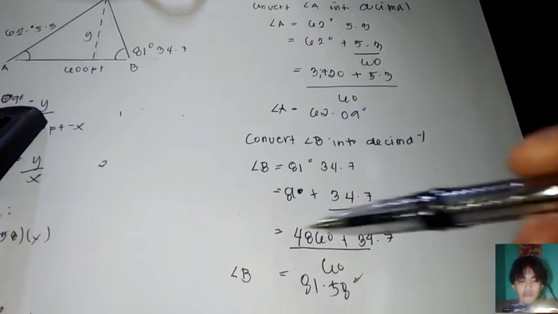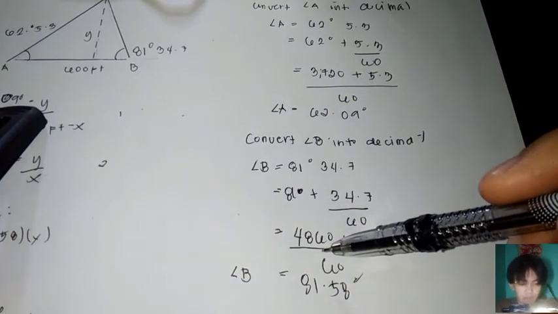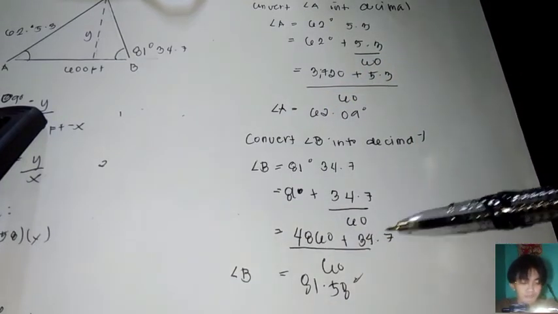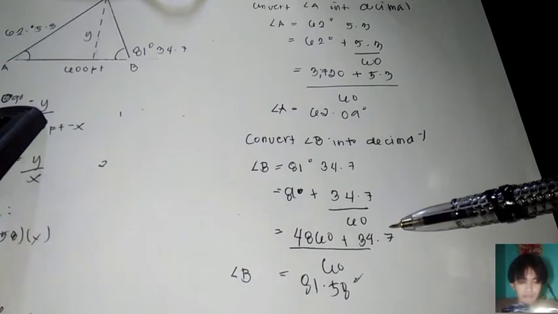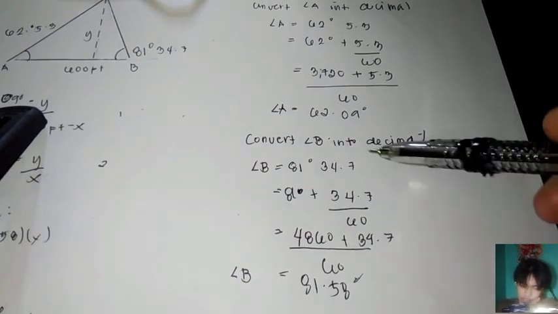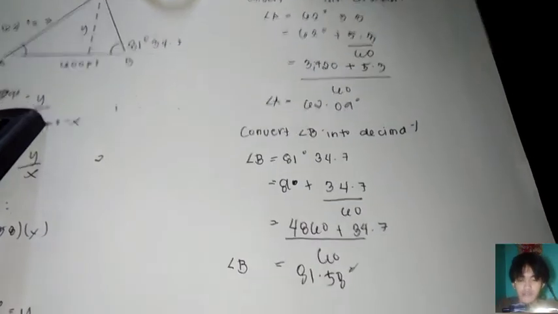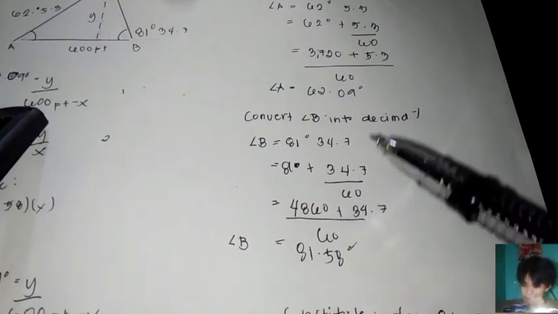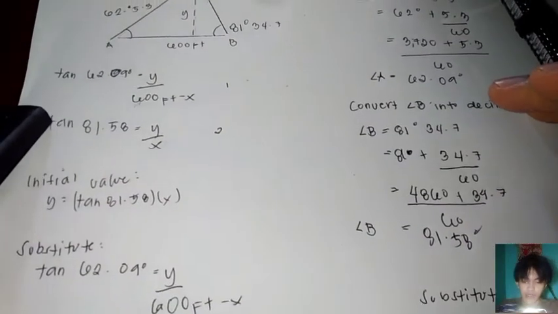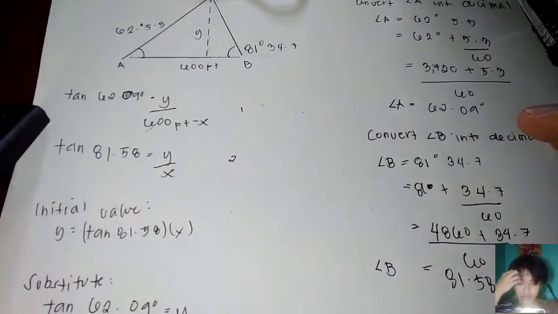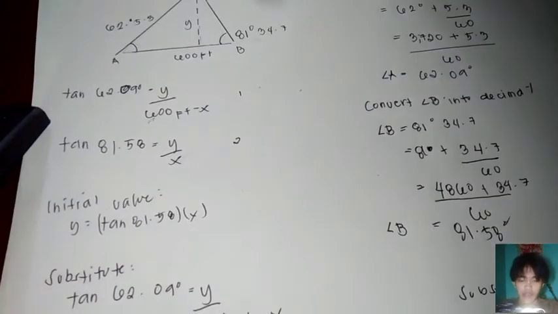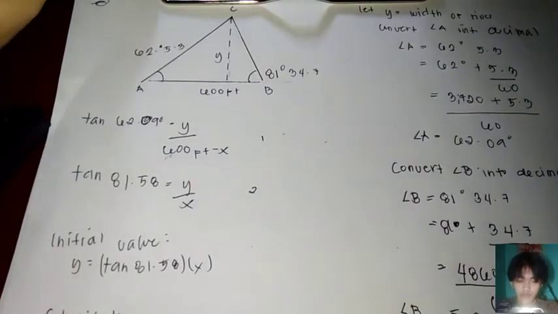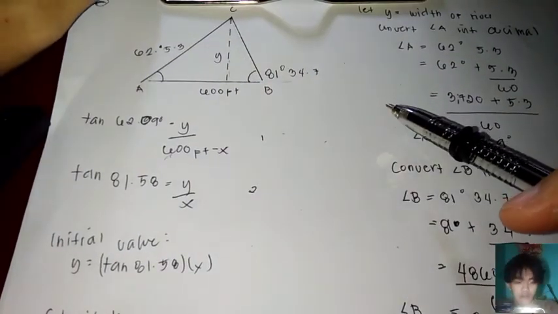So we have 4,860 added to 34.7 over 60. So our answer is angle B is equals to 81.58. After we get the angle A and angle B, let's move on to the equation.